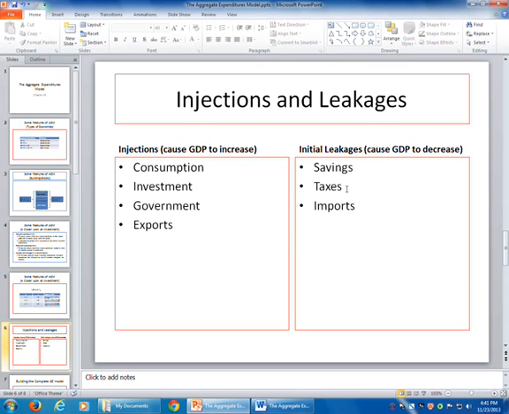Taxes also we look at as an initial leakage, because when taxes go up, that makes things like consumption fall, and when consumption falls, income falls. So, for example, an increase in taxes would cause income clearly to fall. You have to pay more taxes, your income shrinks.